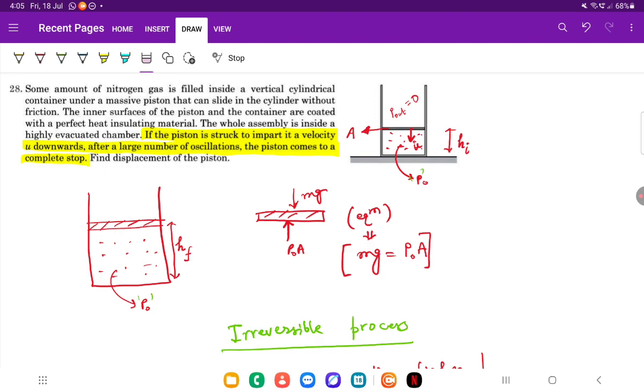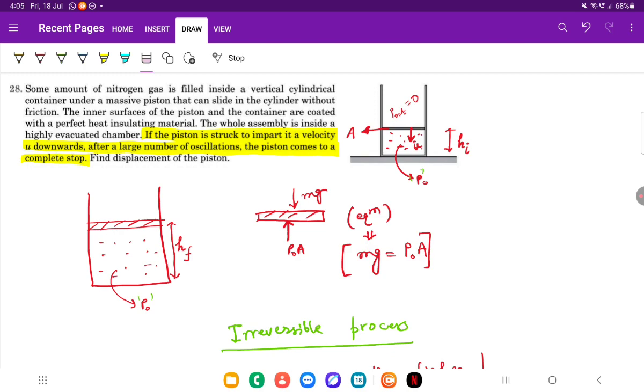And so basically this question tests your understanding regarding reversible and irreversible processes, right? So let me explain the difference between the two processes in brief. Basically, in a reversible process, in each intermediate step, we can define the state variables, meaning the pressure, volume, temperature, all are defined.